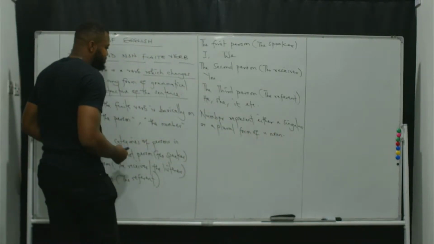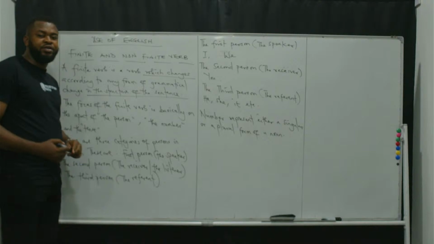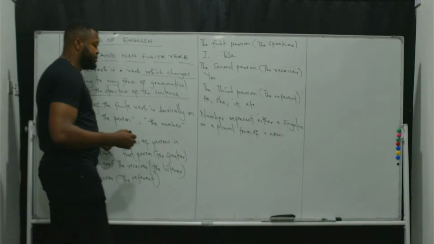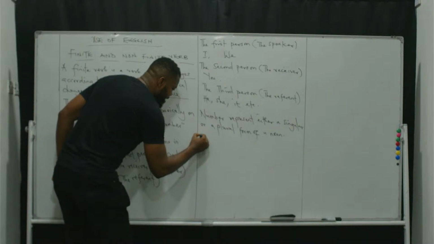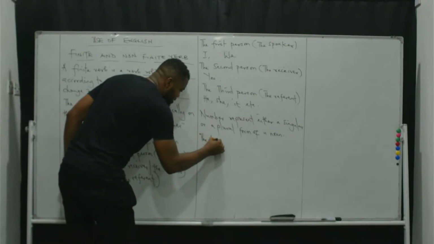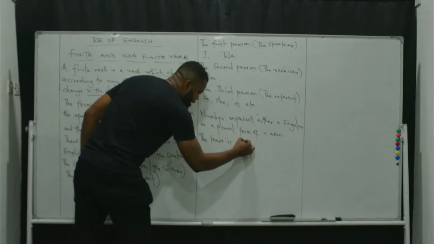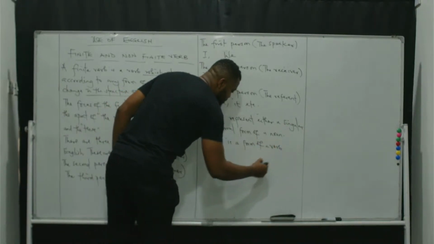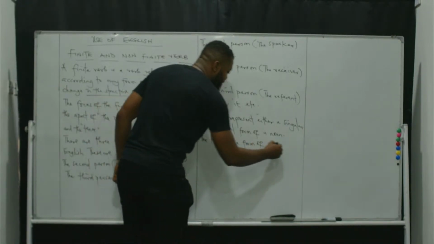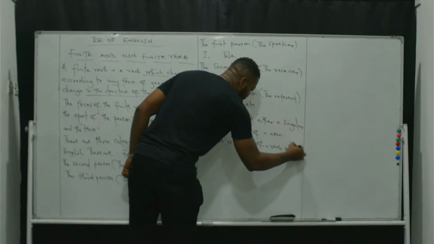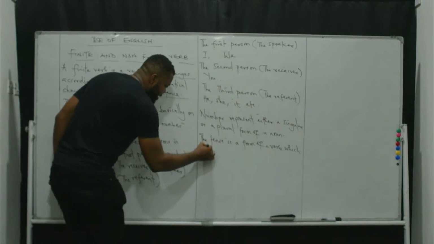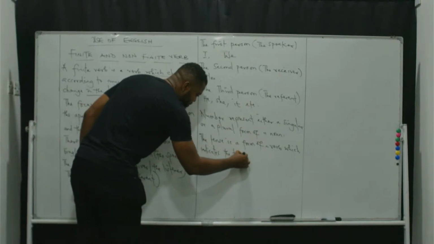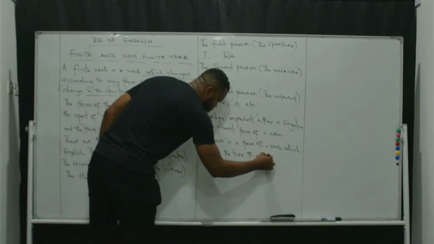So now, let's try to consider the aspect of tenses, okay? So here we have the tense, which is a form of a verb that indicates the time of an action.